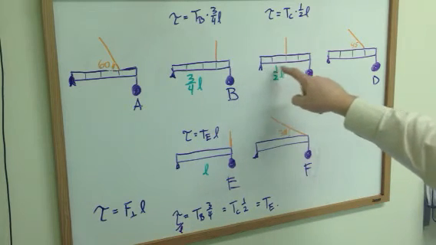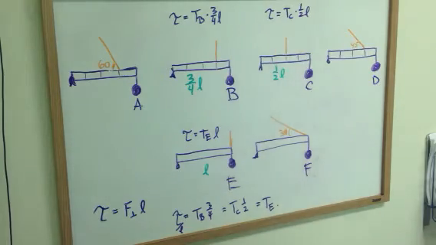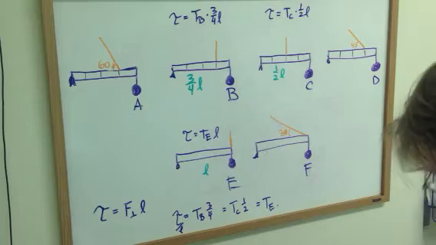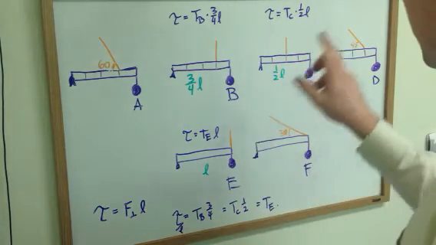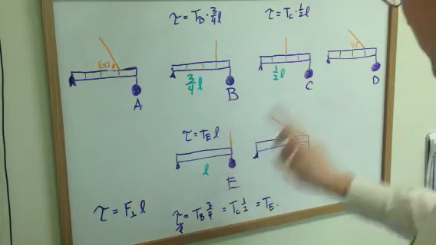This guy uses the shortest lever arm and has to have subsequently the largest force. So we can now rank those three, from largest to smallest. So largest is C, next largest is B, next largest is E.